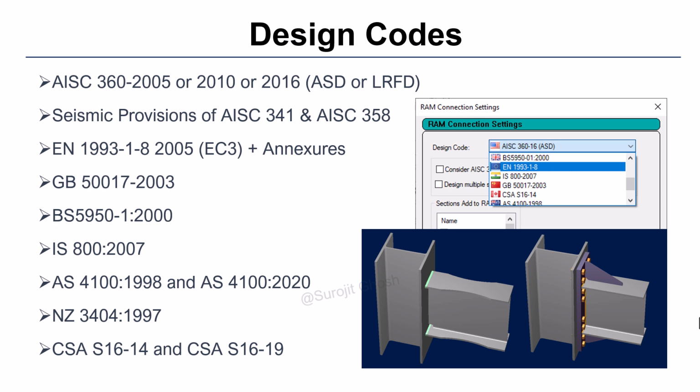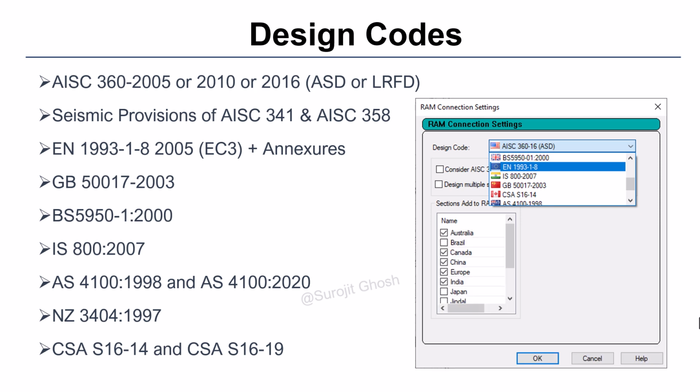There are a few specific requirements for high seismic zones, like maximum number of bolt rows or stiffened extended end plate connection. These are considered during connection design. IS 800-2007, the latest versions of Australian, New Zealand and Canadian codes are already implemented, along with different annexes of Eurocode. For Indian code, seismic provision check based on chapter 12 is not yet implemented.